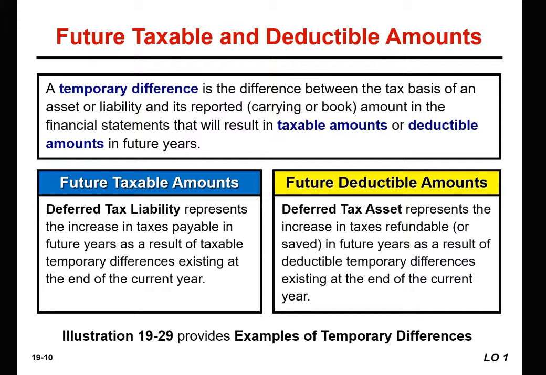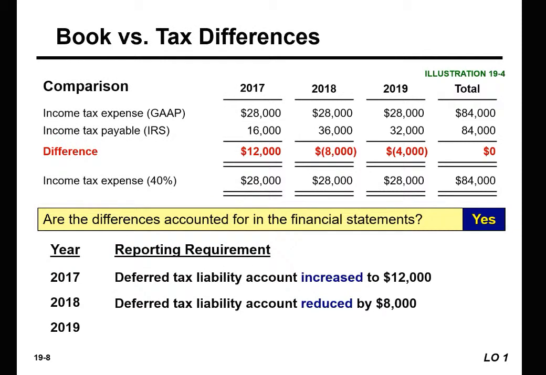Future taxable amounts are deferred tax liabilities, which represent the increase in taxes payable in future years as a result of a taxable temporary difference existing at the end of the current year. So if we think back, let's flip ourselves back to this page here.